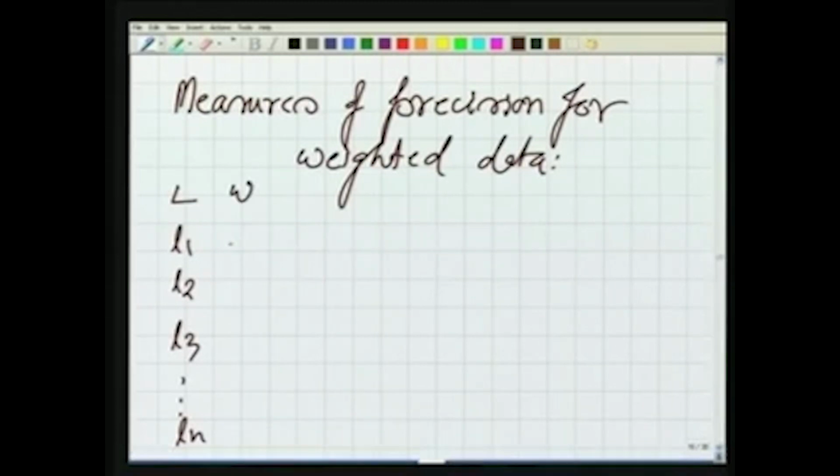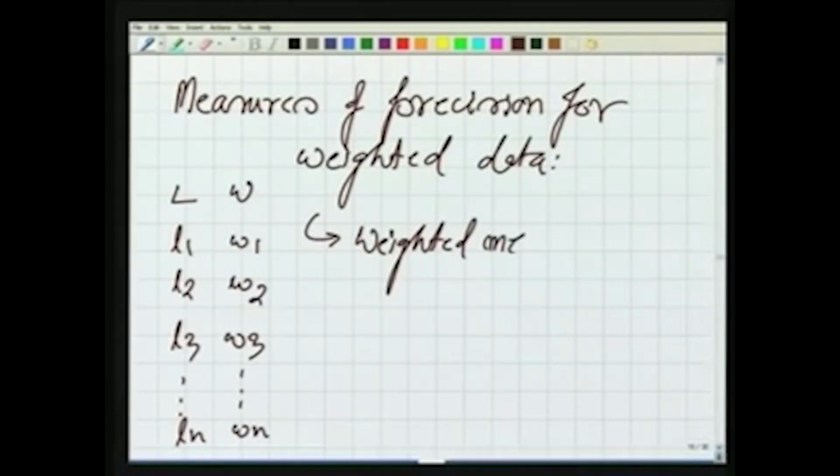Then you have some weights W1, W2, W3 and Wn for each of these observations. Number one, how can you find the weighted mean? We will need the weighted mean very often whenever we are working with data. The weighted mean of these observations is sigma Wi Li, where i is 1 to n, divided by, you can guess it very quickly now, sigma Wi. That gives you the weighted arithmetic mean.